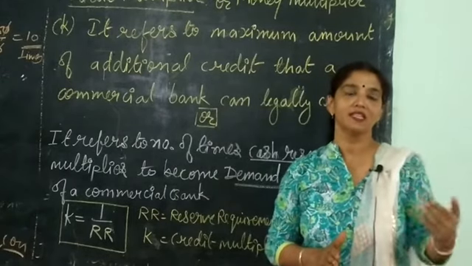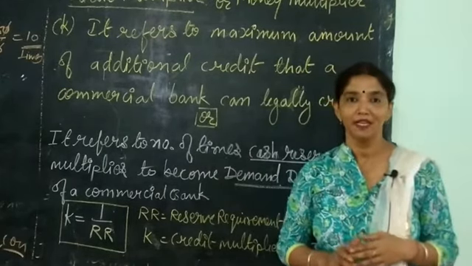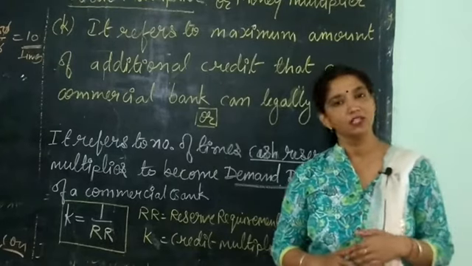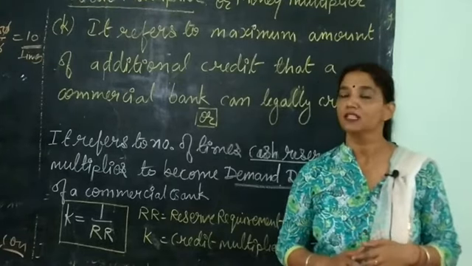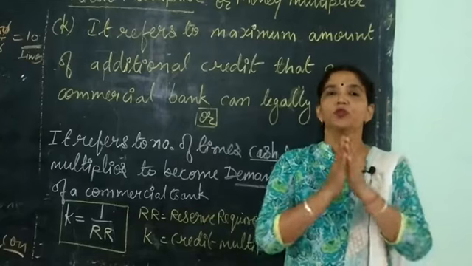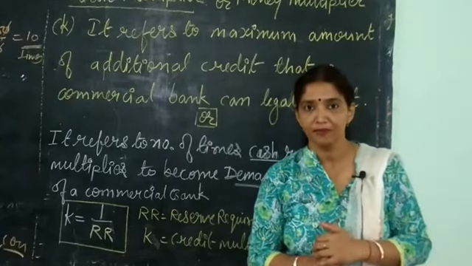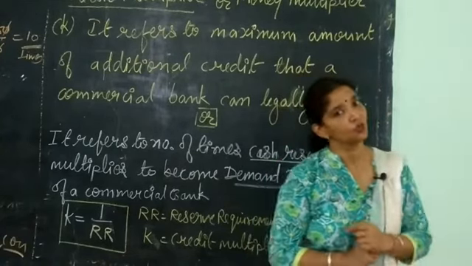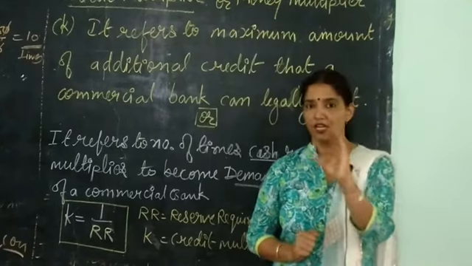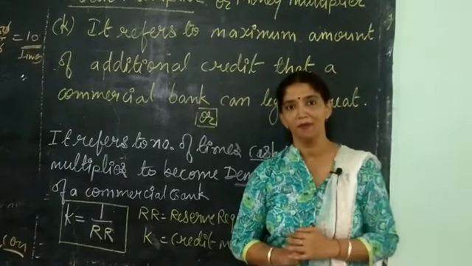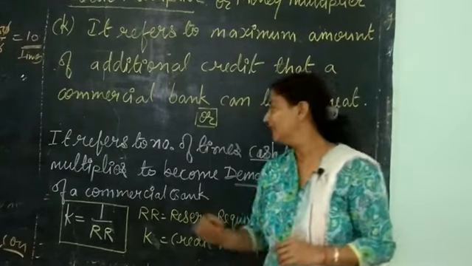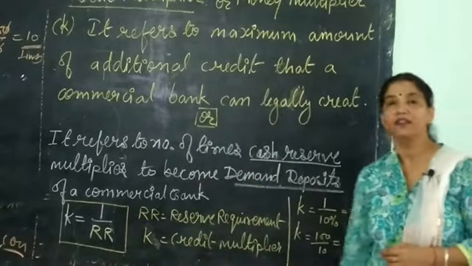When a customer comes to withdraw his money, the bank can't fulfill that need. So, to fulfill the wants of customers, commercial banks have to keep a minimum ratio as cash requirement with themselves. That is called reserve requirement.